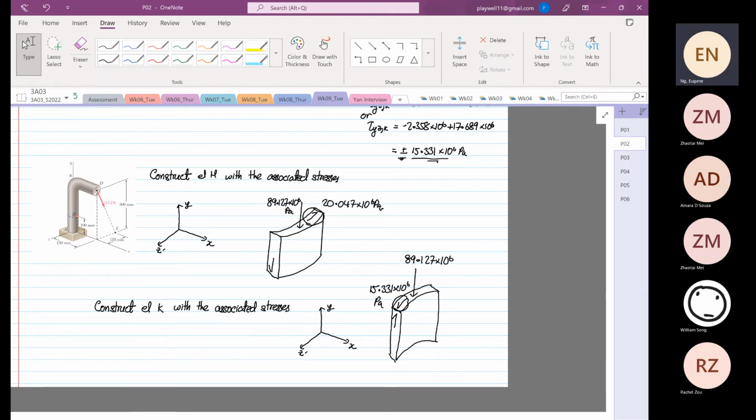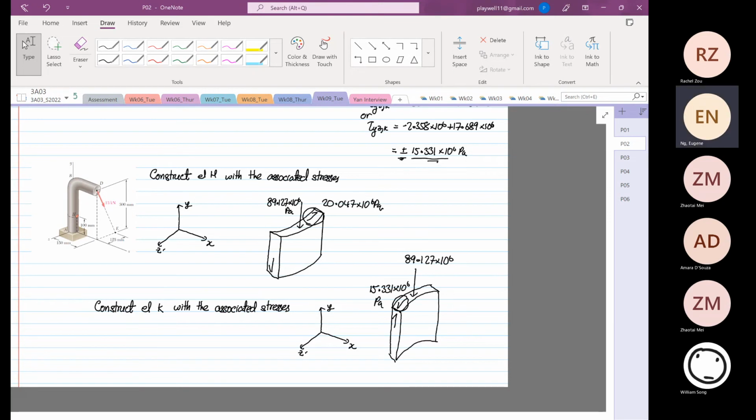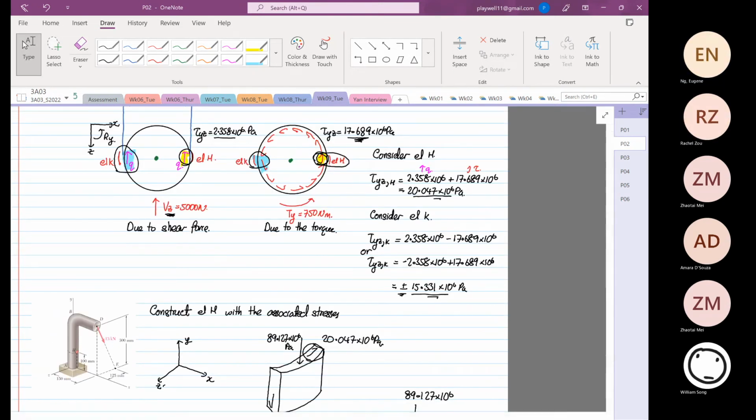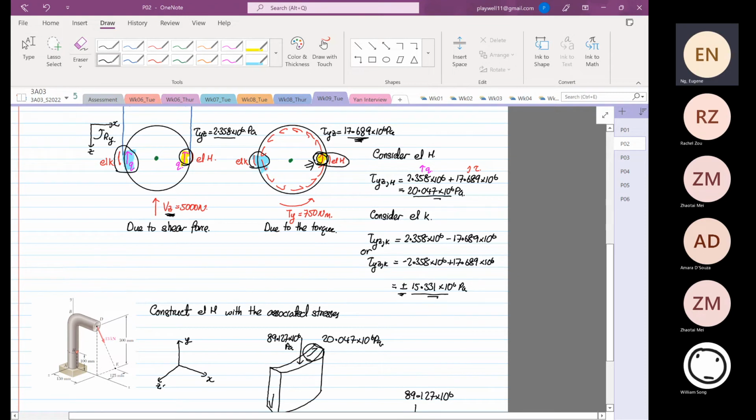Yes, so how did it determine the orientation exactly? Could you explain the arrows? Yes. Okay, let's look at element H. On element H, the arrow going upwards due to the shear stress is 17.689, and the one due to the shear force is 2.358.